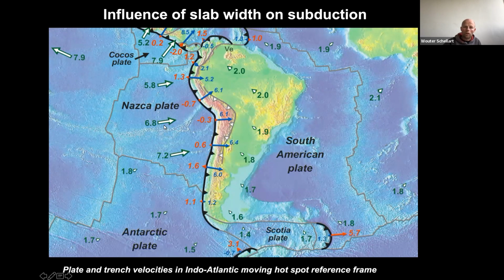Most subduction is accommodated by the Nazca plate moving eastward, and only a small amount is accommodated by trench retreat, with slow trench velocities towards the west. And here in the center, actually slight trench advance towards the east. Okay, so the two extremes.